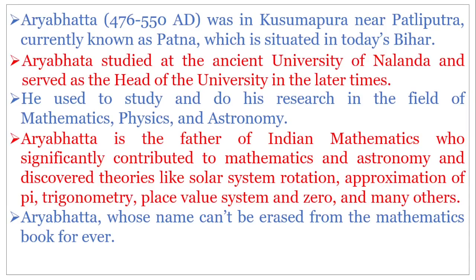He was born in Patliputra, which is now Patna in Bihar, and he studied at Nalanda University, which was a very renowned university at that time. There were two very renowned universities at that time. One was Nalanda, and the other was Takshashila, which is now in Pakistan.